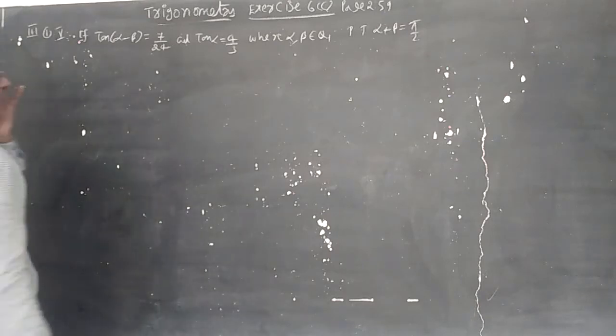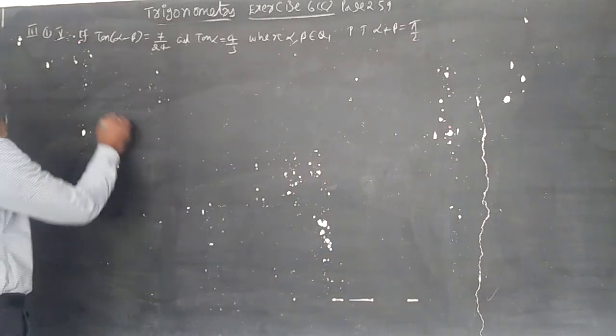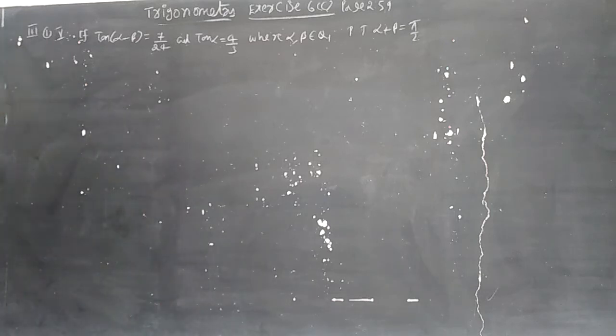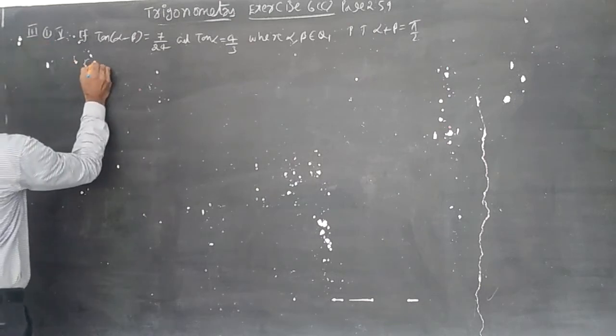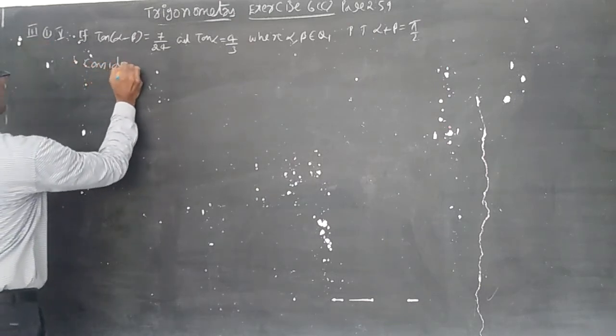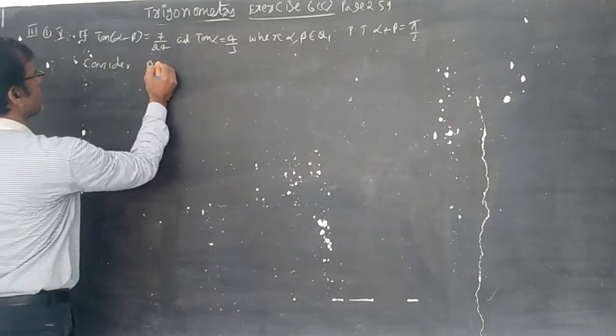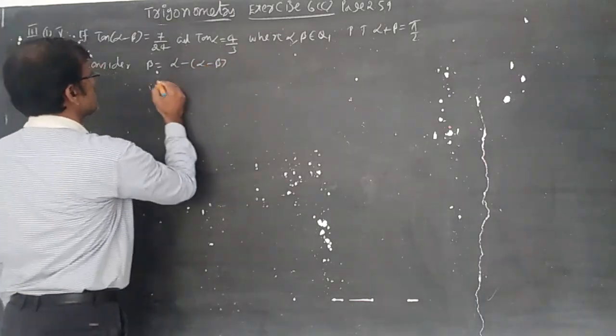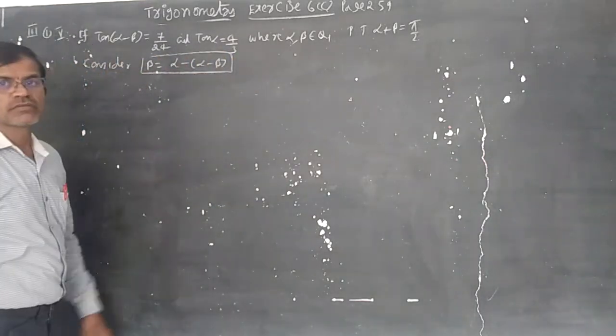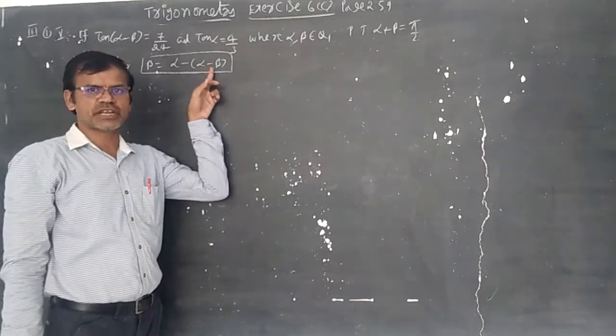So we need to calculate tan beta separately. Tan of alpha minus beta is given. Alpha beta are in the first quadrant. Prove that alpha plus beta is equal to pi by 2. Consider beta is equal to alpha minus (alpha minus beta); minus of minus becomes plus.